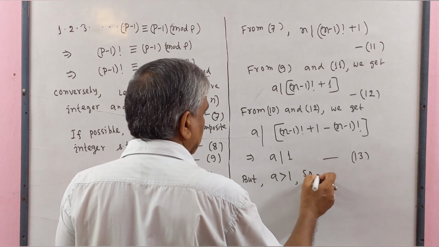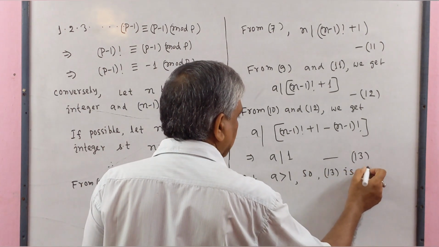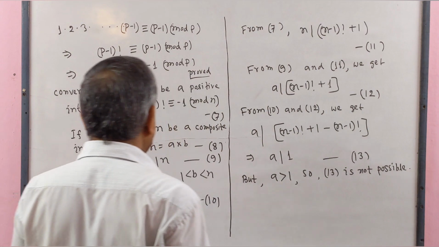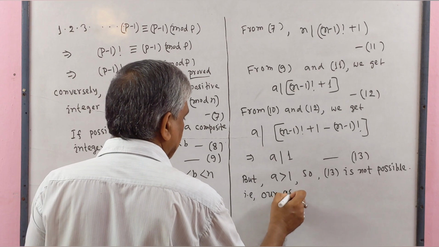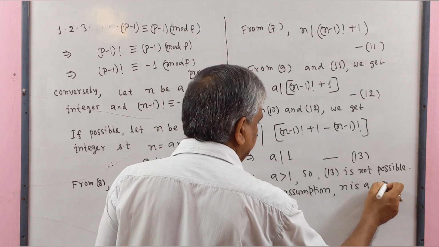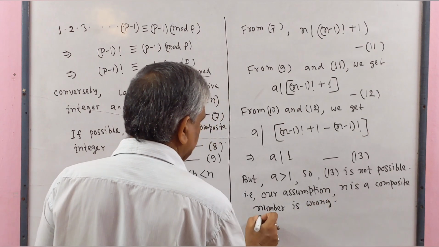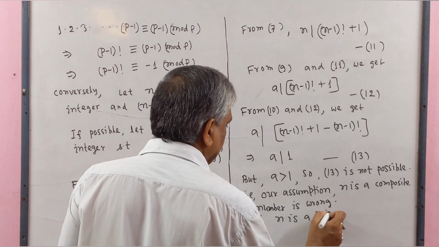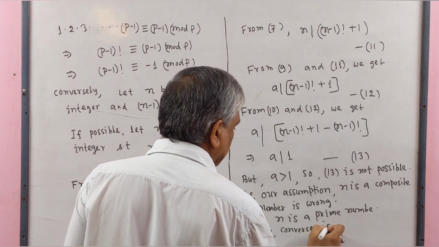So 13 is not possible. That is, our assumption that n is a composite number is wrong. Therefore, n is a prime number. Hence, the converse is proved.